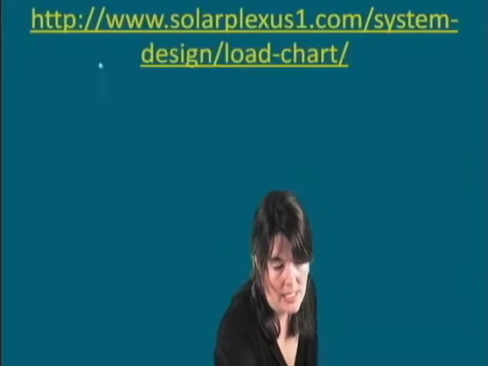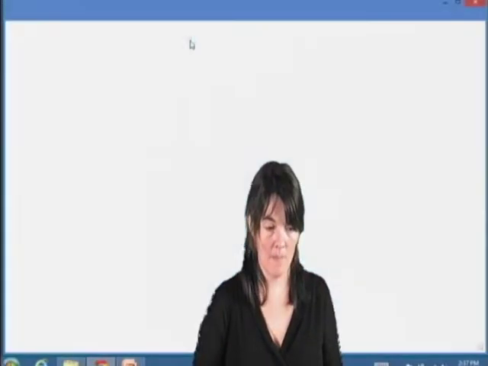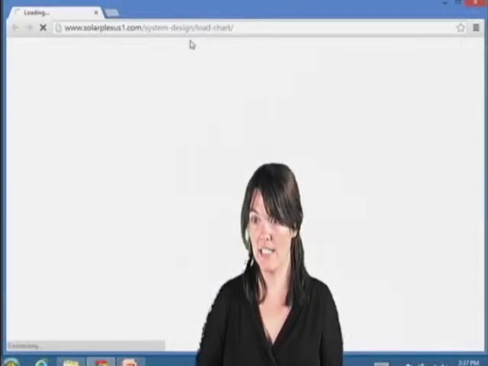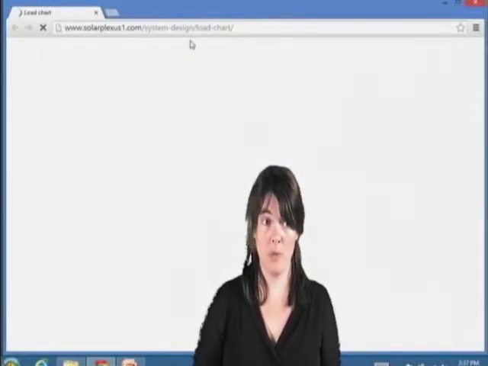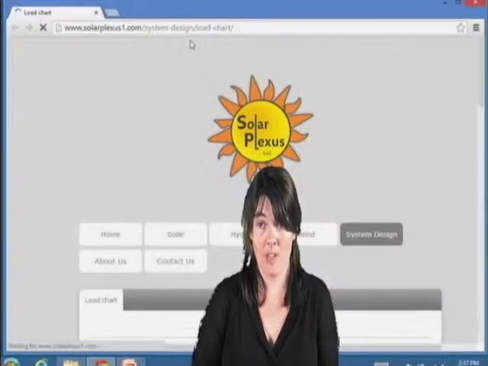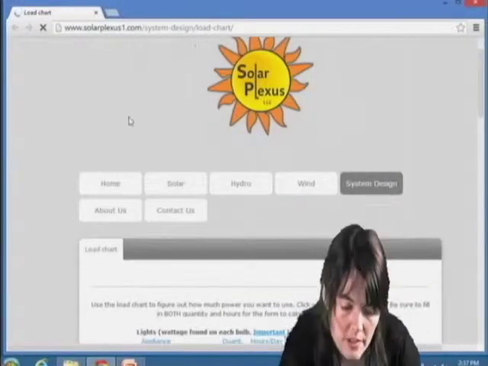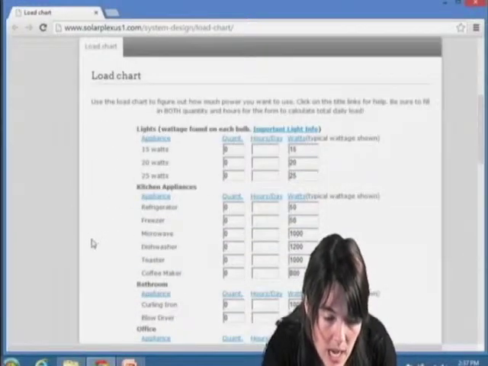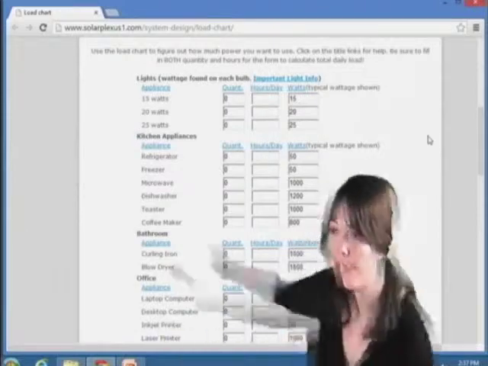So we have 4,700. And actually, I'm going to go right here and pop on to a little chart, which is kind of fun. I can send you the link to this. It's going to take a second to load. One of the things that we do when we are sizing a system is use things like this load chart, where we can put in information as to typical wattage.